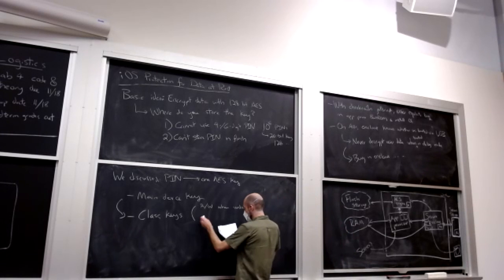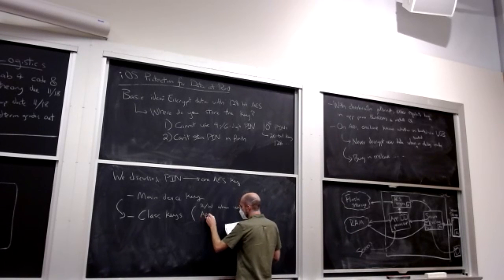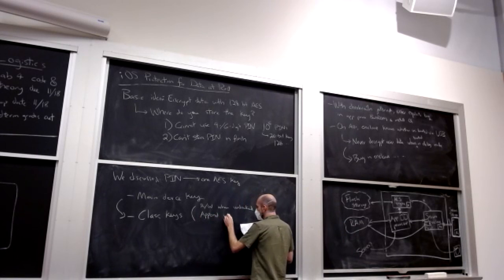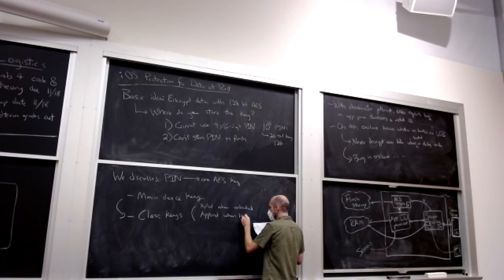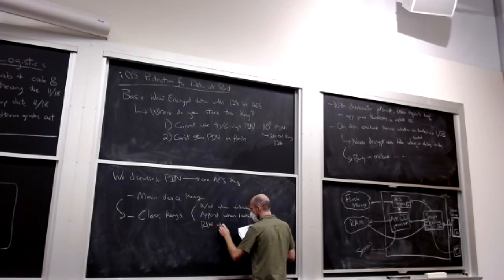There's a bunch of other stuff here too, like some types of encrypted files you can append to even when the phone is locked. And there are some things that are only encrypted when the phone is off, so you can read and write when booted.